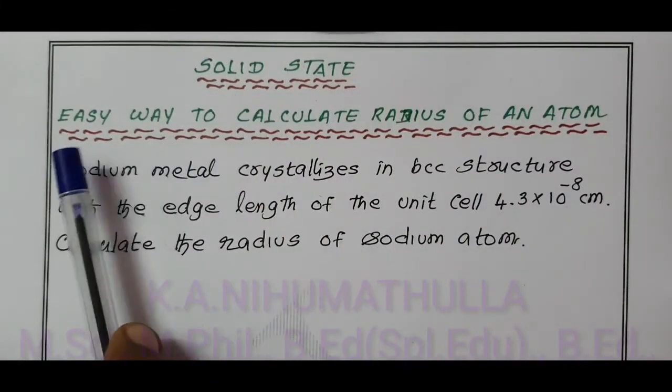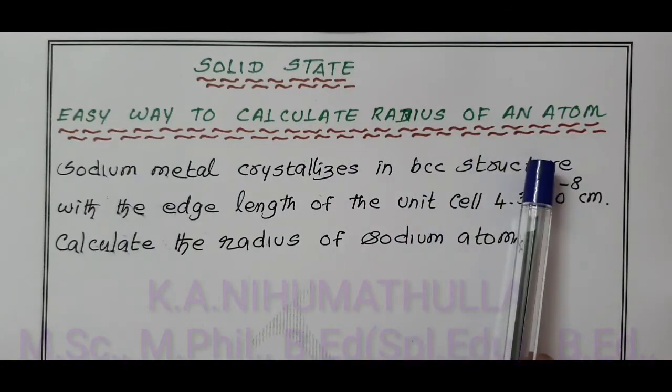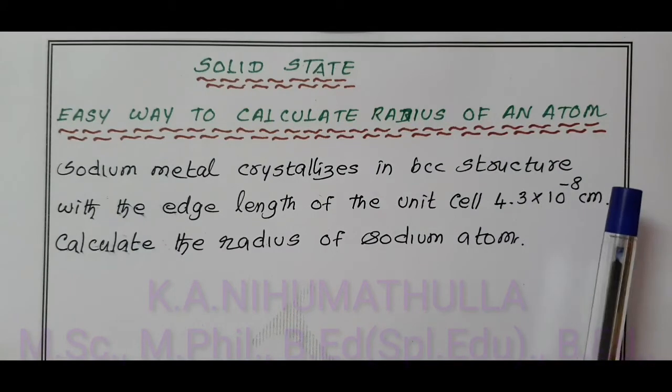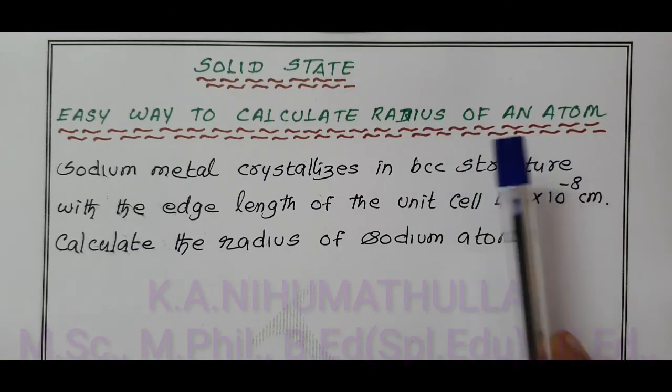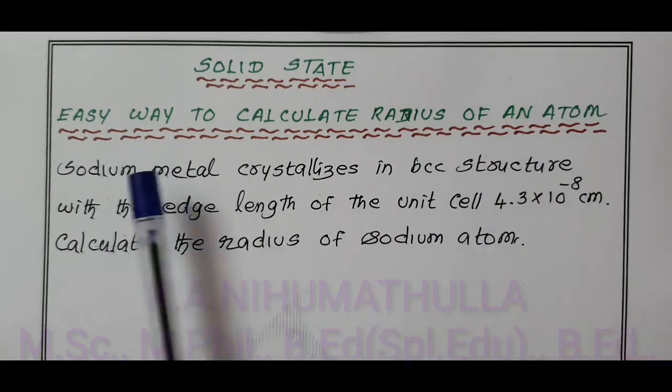Solid state: an easy way to calculate the radius of an atom. How to calculate the radius? By knowing the edge length of the unit cell.